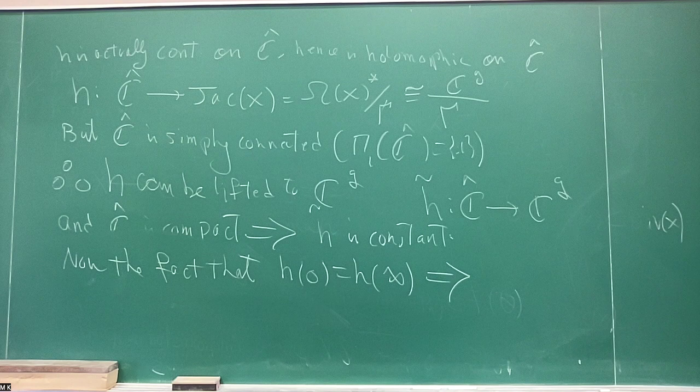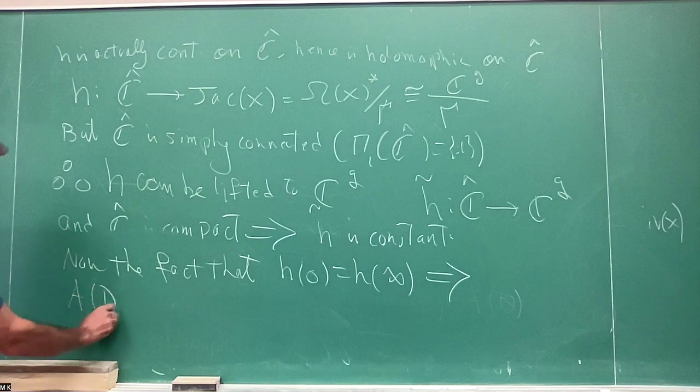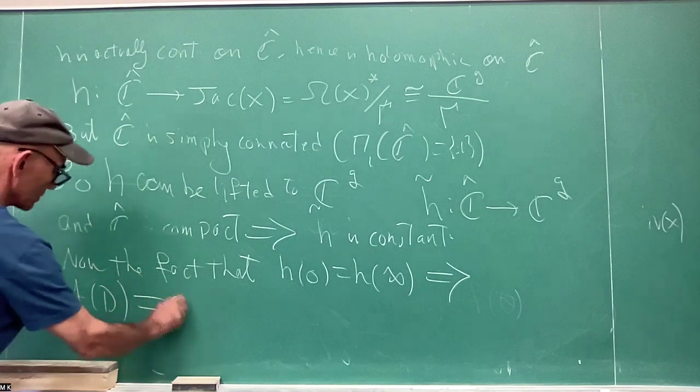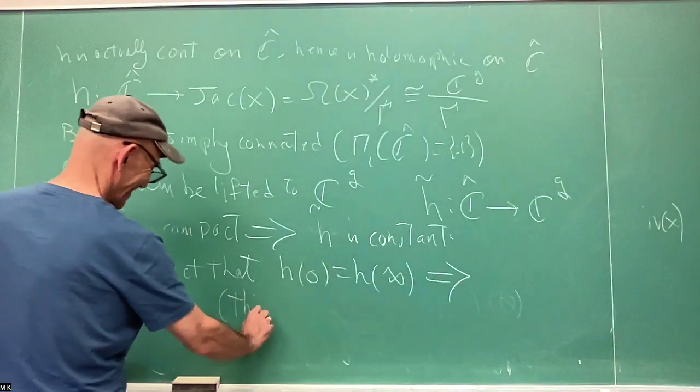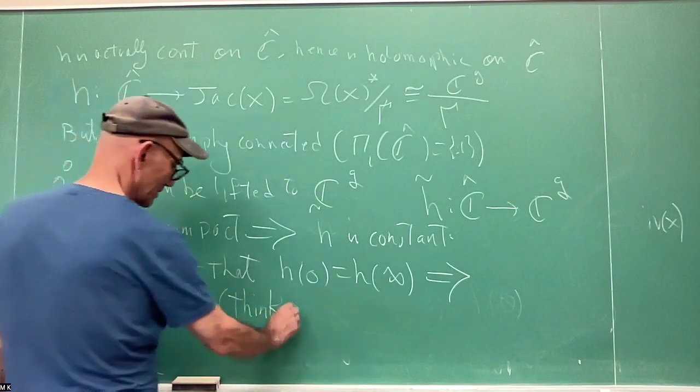We wanted to prove that this guy goes to 0 implies that A of D is equal to 0. So I leave that to you, think about it. This is not difficult, actually.